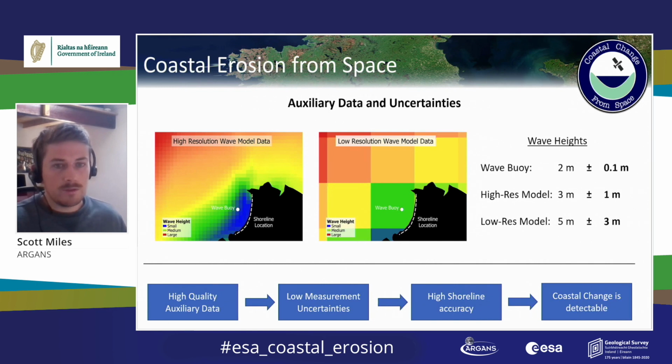When we use multiple sources of model data, if we use a lot of low resolution data, this can compound the uncertainties and lead to very high uncertainty in the final shoreline product. By using high quality auxiliary data, the uncertainties are controlled, the shorelines are more accurate, and it becomes easier to distinguish shoreline change.